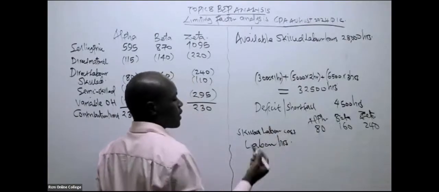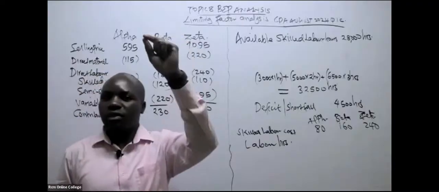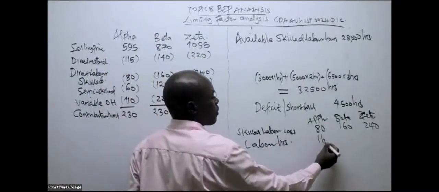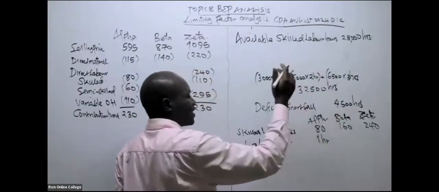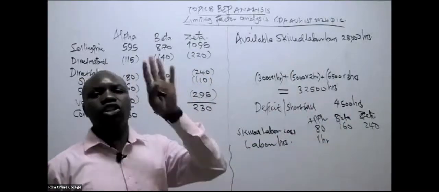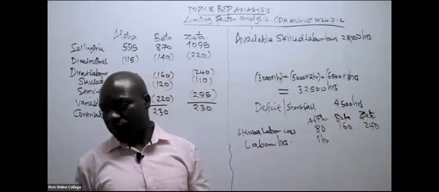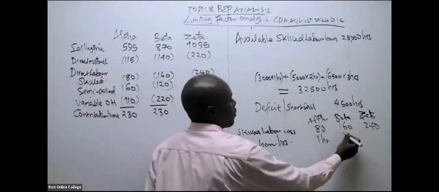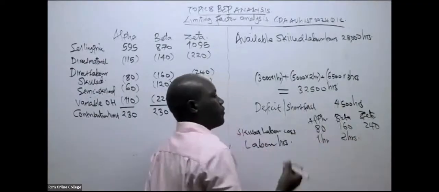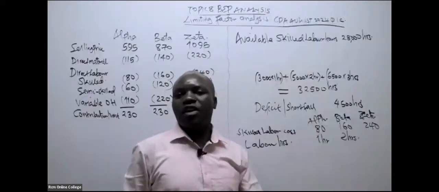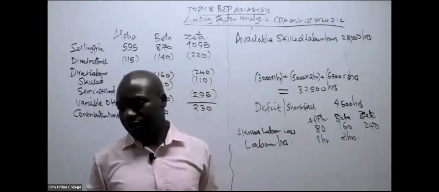That will be 1 hour. If you have spent 160 shillings and each hour is 80 shillings, how many hours? If we have utilized 240 shillings and each hour is 80 shillings, how many hours have you utilized?